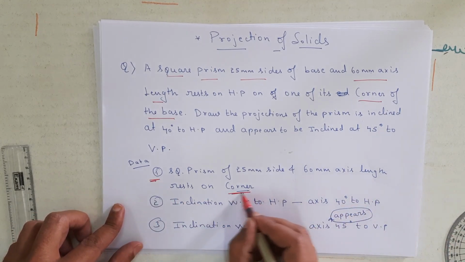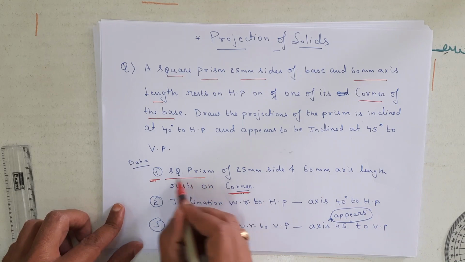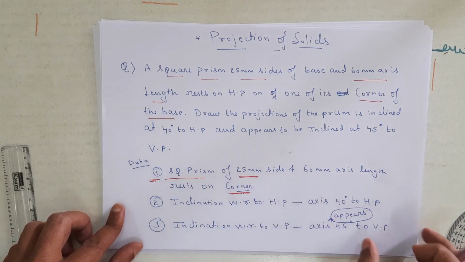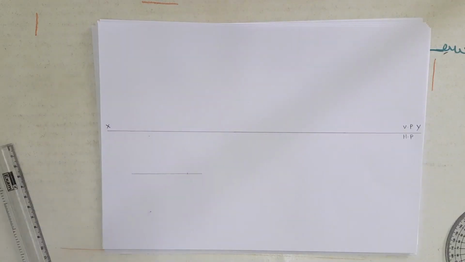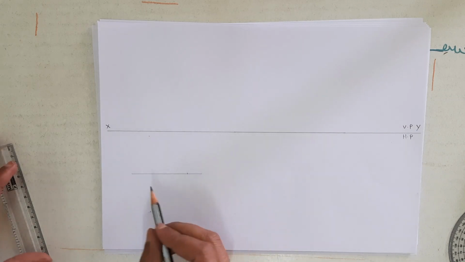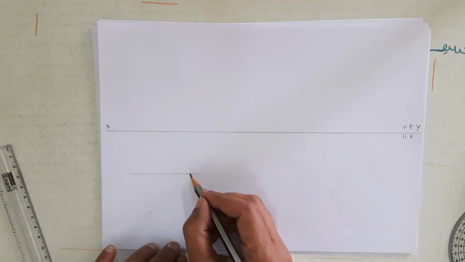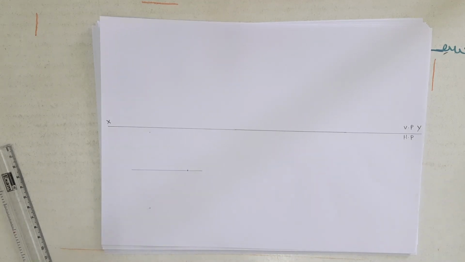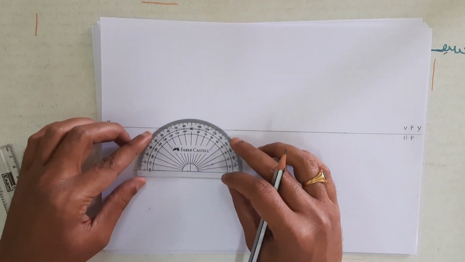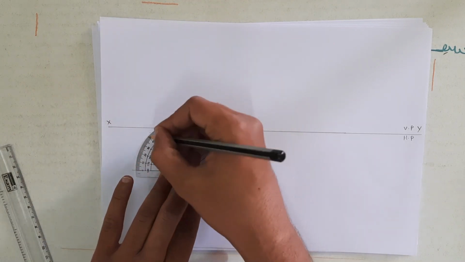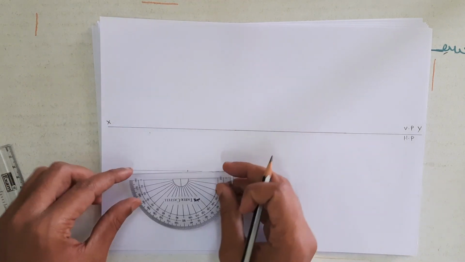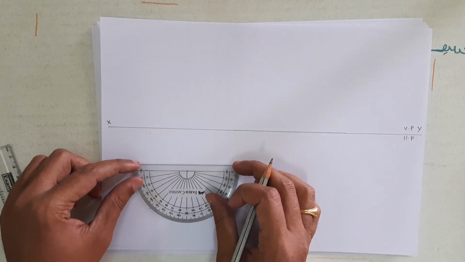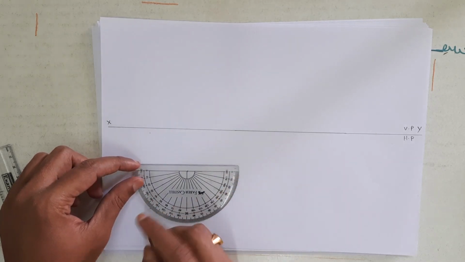The main thing is it is resting on a corner and it is a square prism of 25 mm. So now I am going to draw a square in such a way that one of its corners is coming to the right side. First I have drawn a horizontal line. I am going to mark one corner, then with the help of a protractor I am going to measure 45 degrees from here, and then from the same point measure downwards, also 45 degrees.